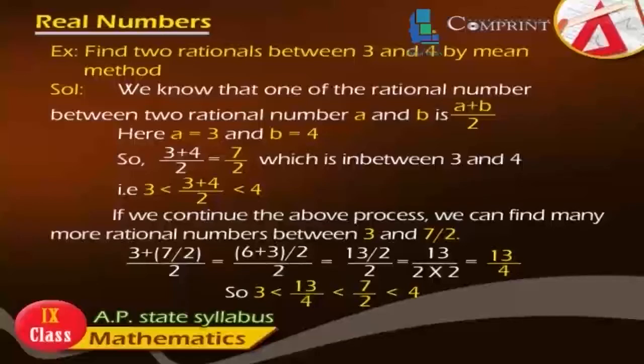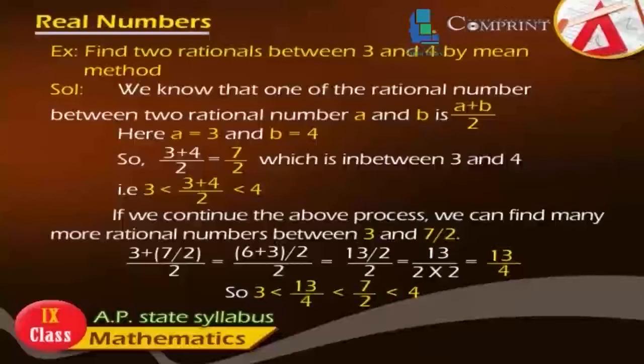Here a is equal to 3 and b is equal to 4. So (3 plus 4) by 2 is equal to 7 by 2, which is in between 3 and 4. That is, 3 is less than (3 plus 4) by 2, which is less than 4.